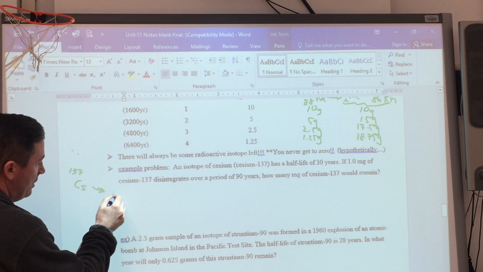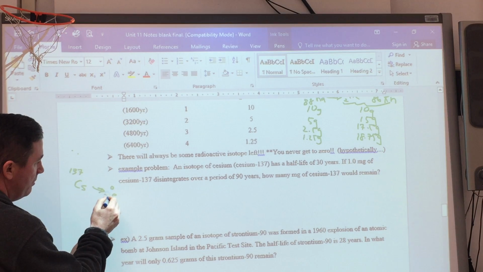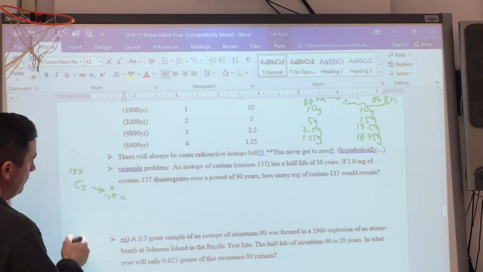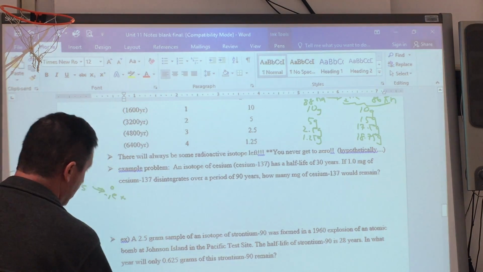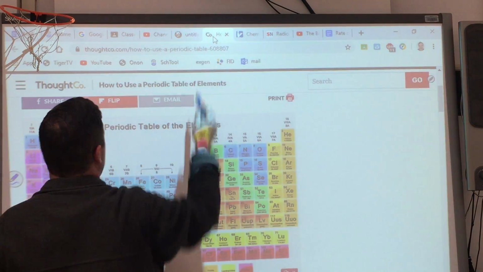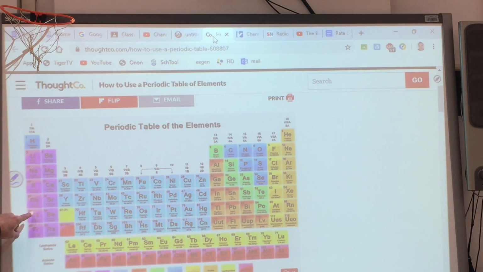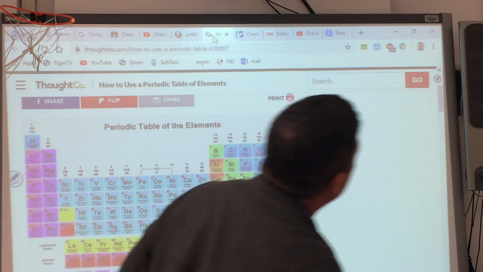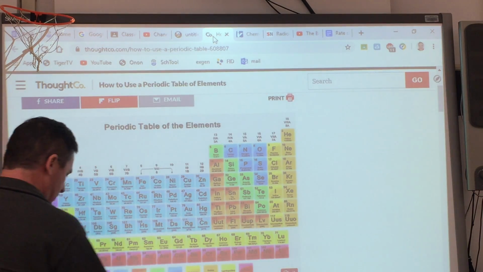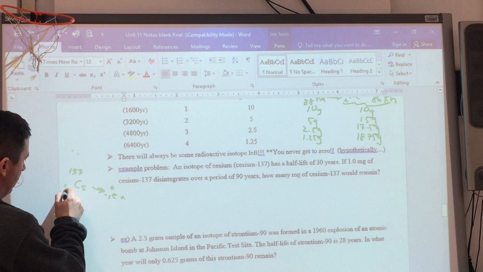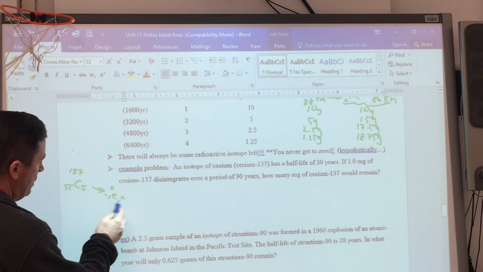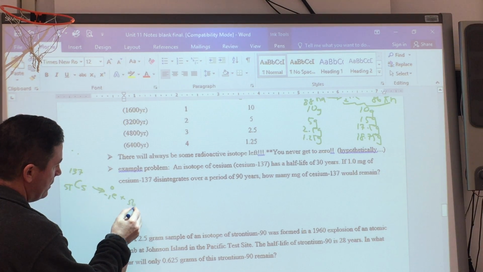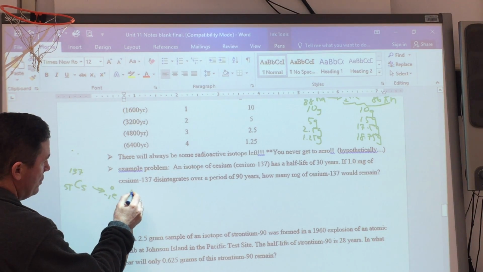So beta is an electron with 0 and a -1. Let's look for cesium. Cesium is Cs over here. It's not in focus very well. That is number 55. So what does this have to be? This has to be 56. This number does not change.